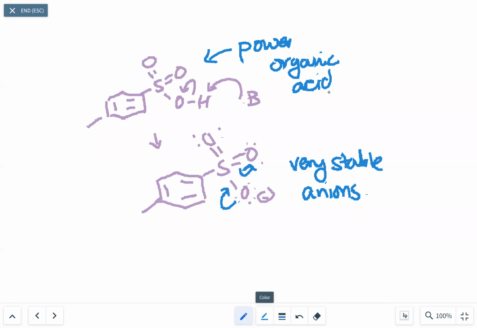Like they were down where HI is. They're super strong acids. So they are exceedingly stable anions, which would make these awesome leaving groups. And that's exactly what they are.